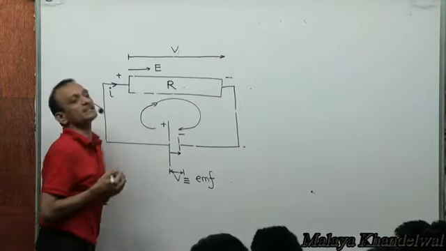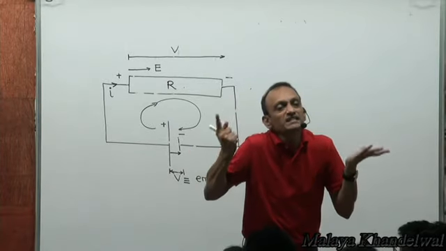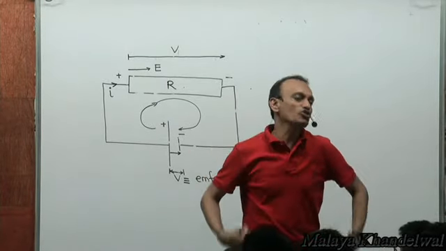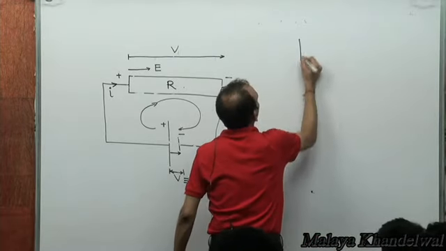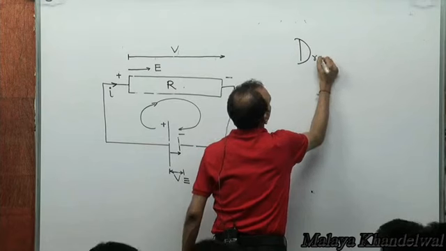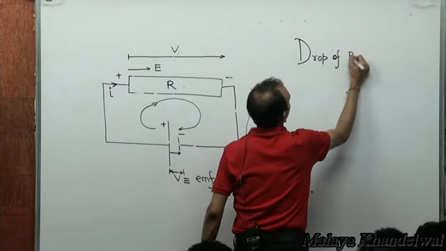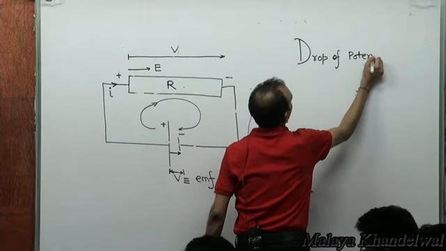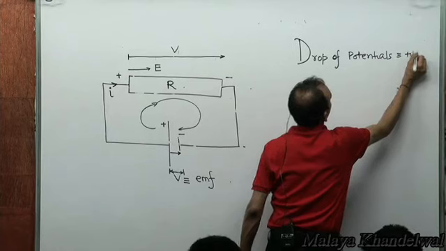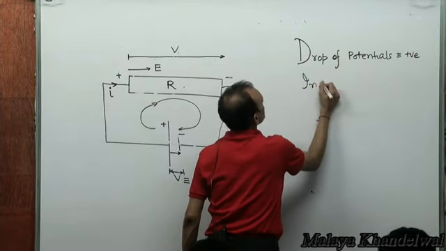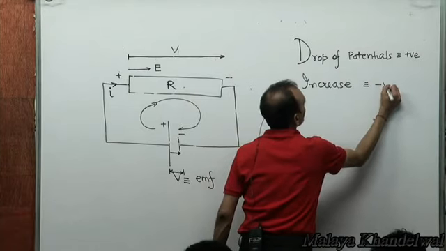So conventionally, we'll take drop of potentials in any loop as positive and increase of potentials as negative.